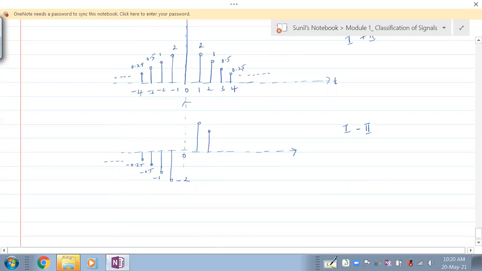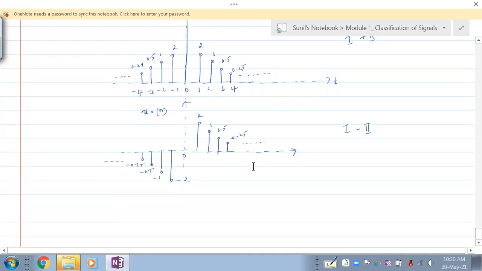So this is how it is going to look like. Okay, this is 2, 1, 0.5, then 0.25. So this extends here and this extends here. So this is x odd of n.